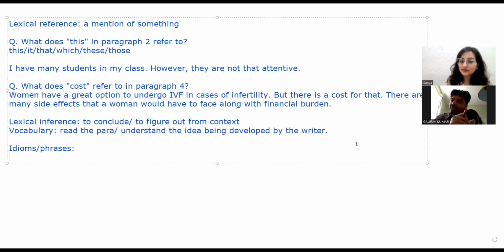So sometimes idioms and phrases are also used, and we have to know that this is not a literal meaning. It is always a figurative meaning. So even for that, understanding the context is very, very important. Just to give you an example, suppose I say that the students of my class are very participative and they always listen to the instructions properly.